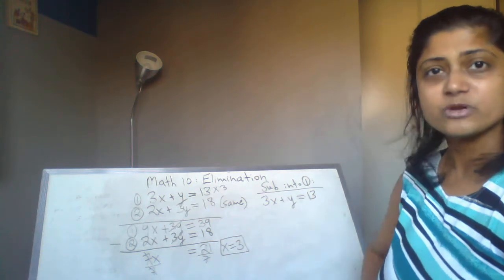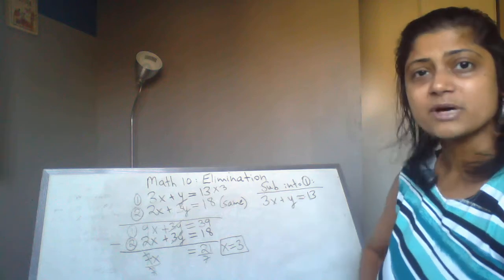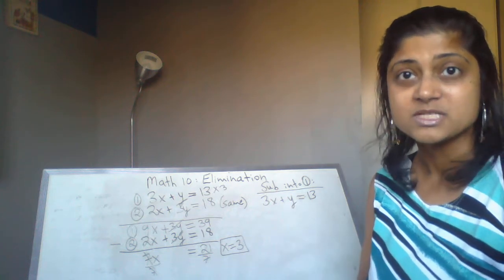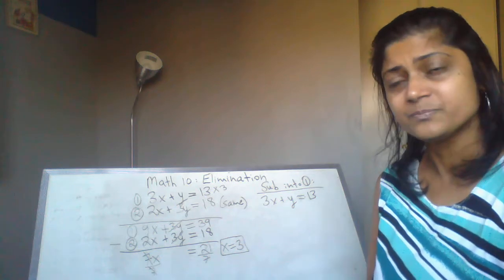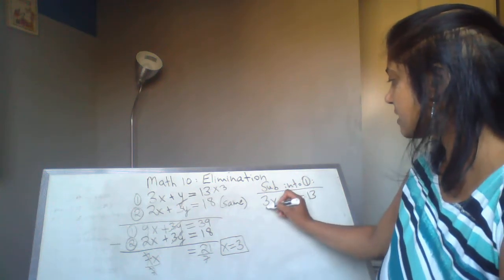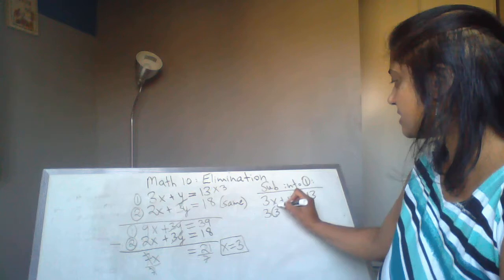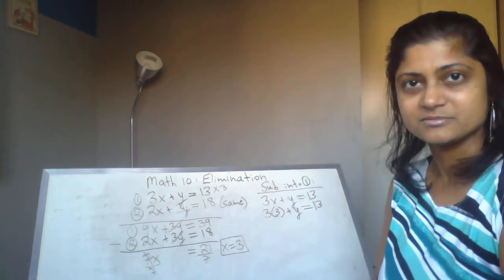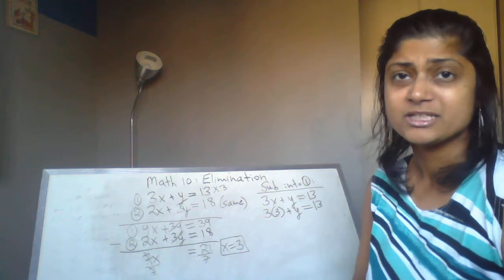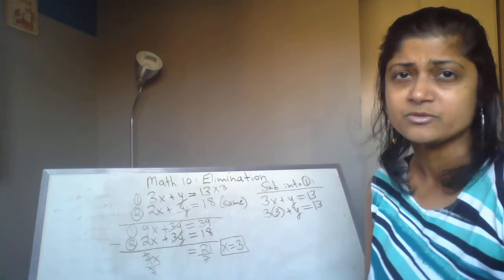All right, so I'm rewriting this equation, and that's why I always write which equation I'm subbing my x value into, okay? I just write sub into equation 1, so the teacher knows I'm plugging it in here. So 3 times 3 plus y equals 13, okay? And again, if you're really good at these equations, you could just skip a couple of these steps, okay?